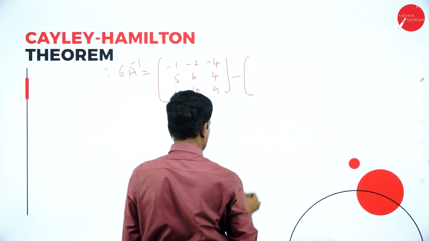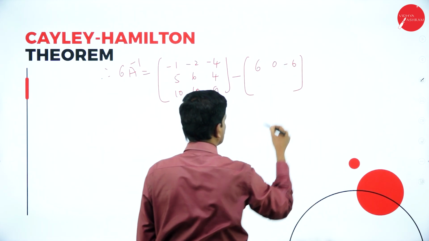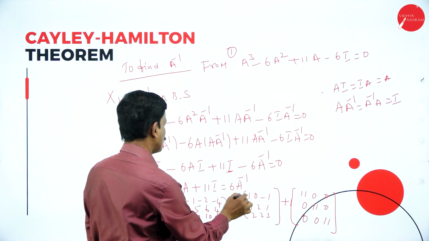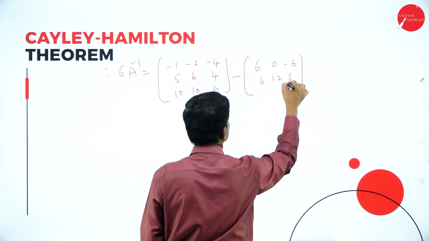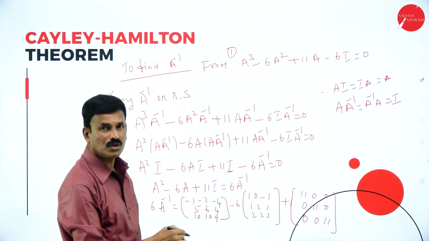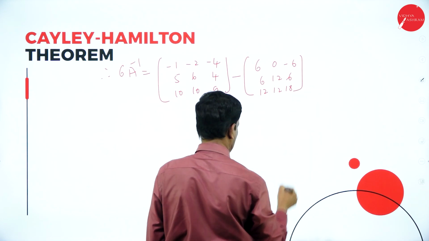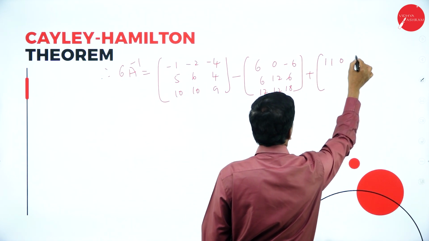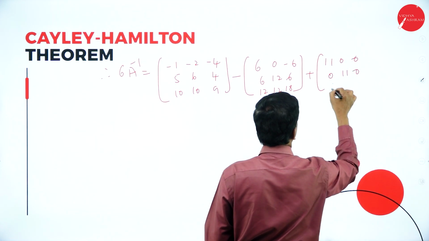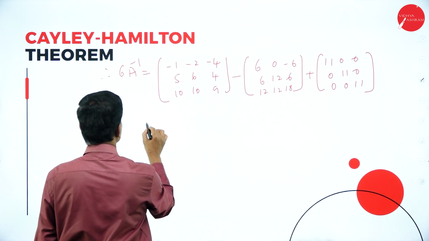So that is 6, 0, minus 6; 6, 6, 12; 12, 12, 18, and the last one is the same, 11, 0, 0; 0, 11, 0; 0, 0, 11. Now what is this equal to?